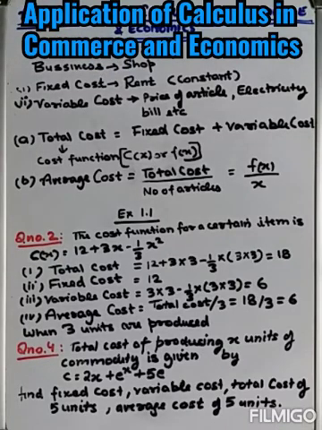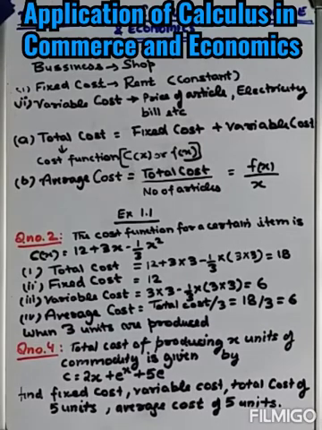Suppose you have started a mobile shop, and for the mobile shop you are paying 20,000 per month. So 20,000 you have to pay whether you are able to sell one mobile or more mobiles or not a single mobile.